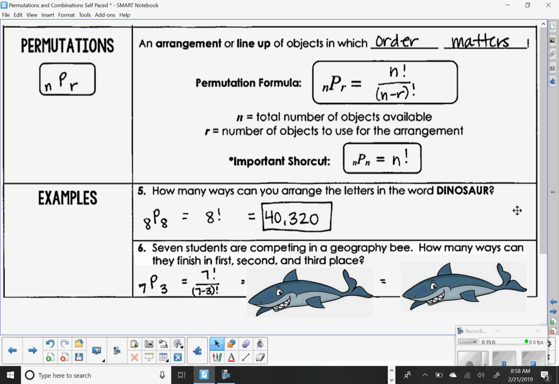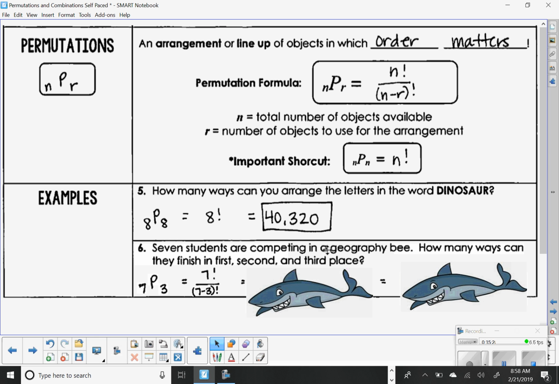Now, if I have 7 students who are competing in a geography bee, how many ways can they finish in first, second, and third place? Order matters. Bobby could get first, or Bobby could get second, or Bobby could get third. So if I have 3 kids, I could have lots of different ways that they could finish first, second, and third, right?